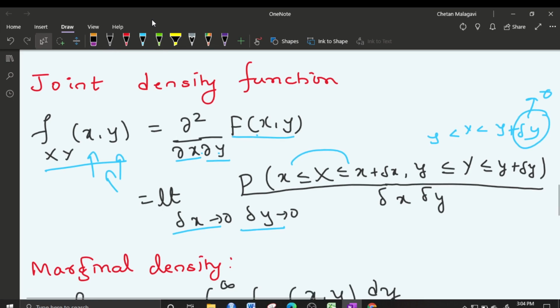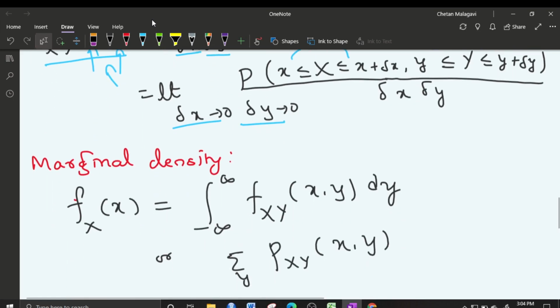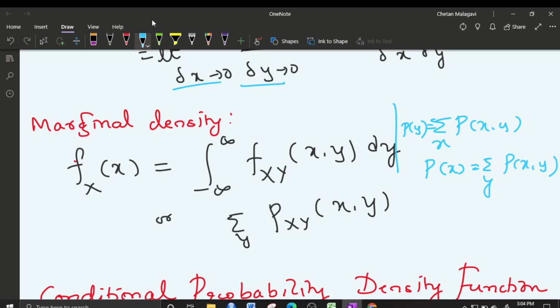Okay, and similarly as in the case of discrete mass functions, here the marginal density is obtained by integration. There you used to sum over x to get p of y equal to sum of p of x y, and to get p of x, sum over y of p of x y. Here instead of sum, in continuous distribution you have integration.